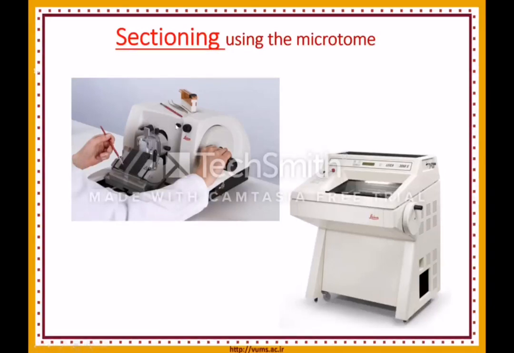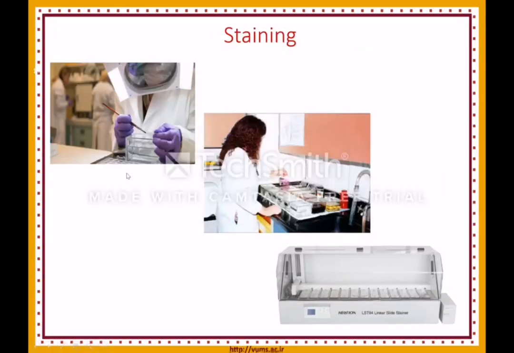And here we can regulate the thickness of the tissue, whether we want 5 micron, 10 micron or 3 micron. We regulate it with this, and after that we remove these sections and put them on the slide.